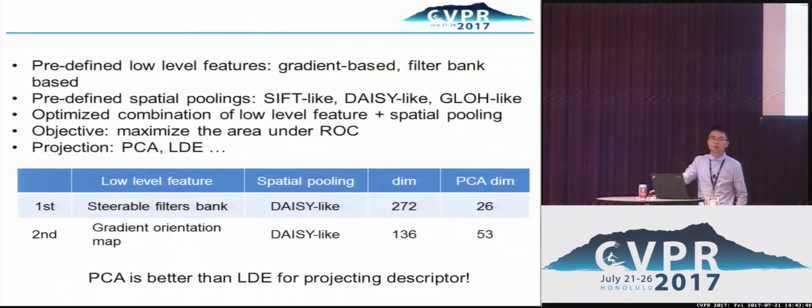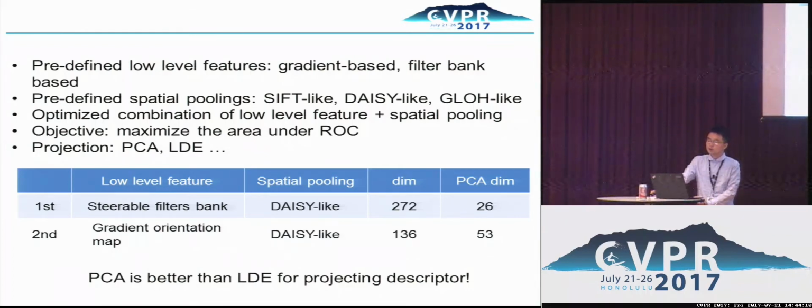For the low-level feature, they used gradient-based features like the ones used in SIFT or SURF and DAISY. They also used the steerable filter banks as the low-level feature. For the spatial pooling, they adopt SIFT-like, DAISY-like, and GLOH-like configurations.